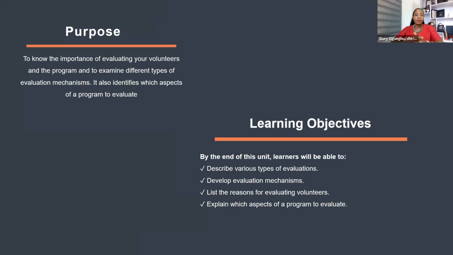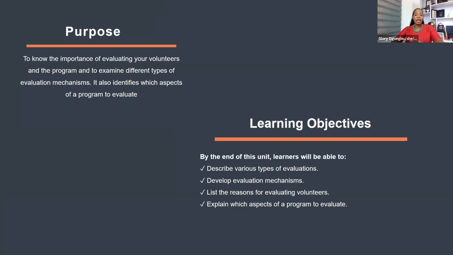So at the end of the entire program, this is what you're supposed to learn. You're supposed to be able to develop evaluation mechanisms and list the reasons for evaluating volunteers. What do you want to find out? Why do you want to evaluate them? What do you want to learn? You have to think about what you want to learn in advance so that you can identify that lesson when you see it, right?